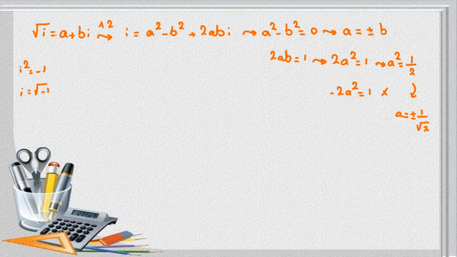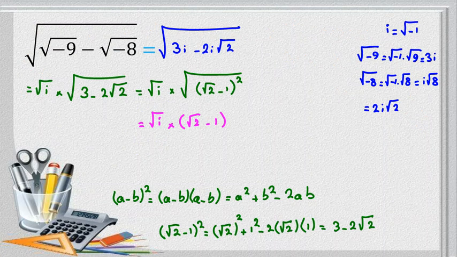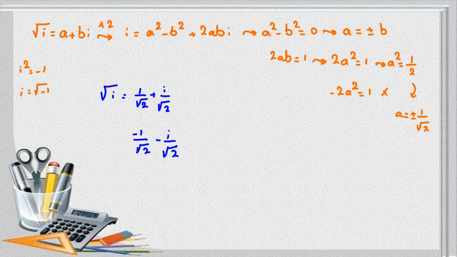So here we conclude what? We conclude root i is 1 over root 2 plus i over root 2, or negative 1 over root 2, negative i over root 2. We found two answers for this, and here we can write both of them. It will be (root 2 minus 1) that we have here times (1 over root 2 plus i).